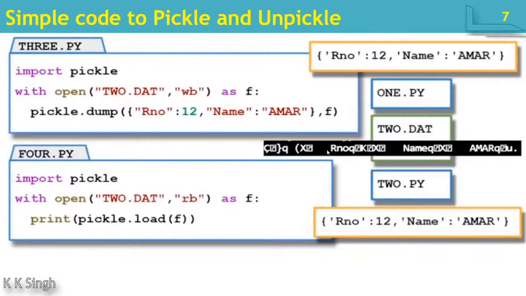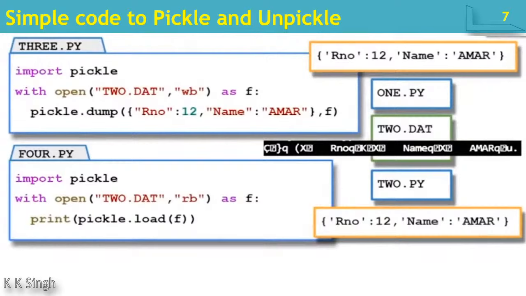Suppose roll number 12 and name Amar, but it is not a readable file. The content of this 2.dat is not clearly visible to you, and you cannot judge what it is. But when you load this information from 2.dat, you'll be able to read the content of the file.